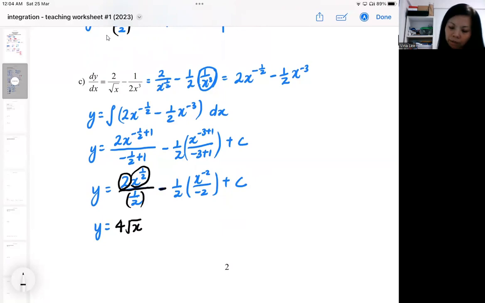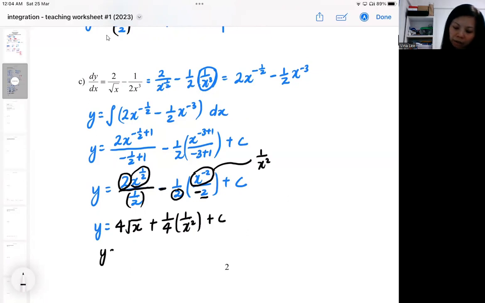And then negative and negative would have given me a plus. Plus what? 2 times 2. So I will get a 1/4. And this part is your indices. So this part will have given me a 1 over x squared. So my final answer will look like this.